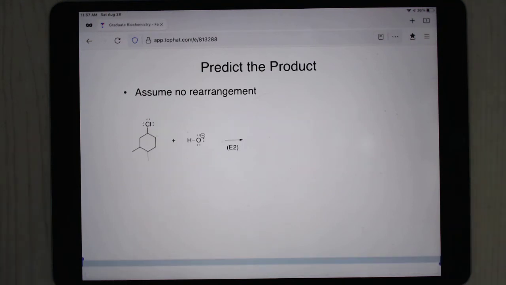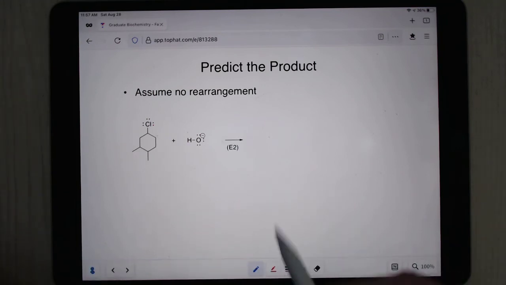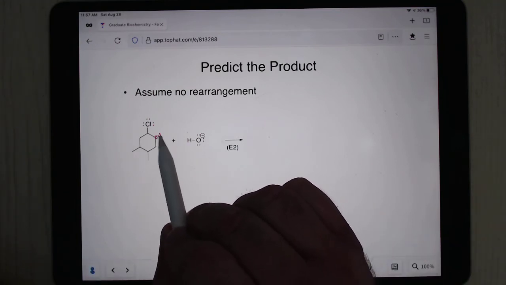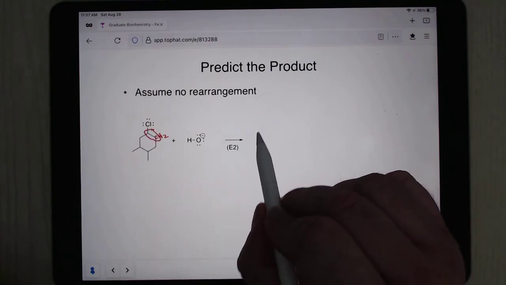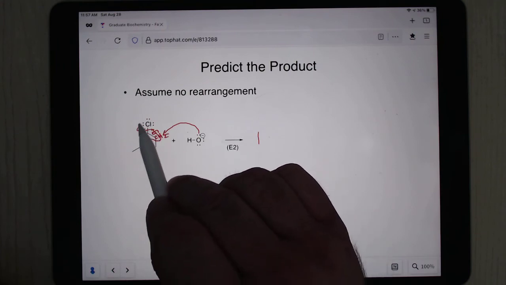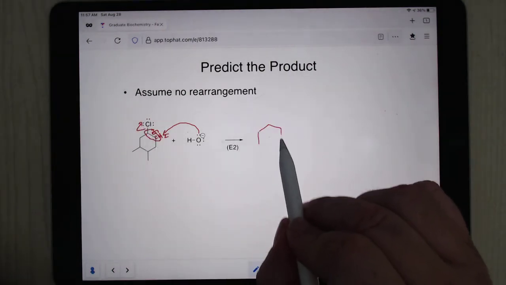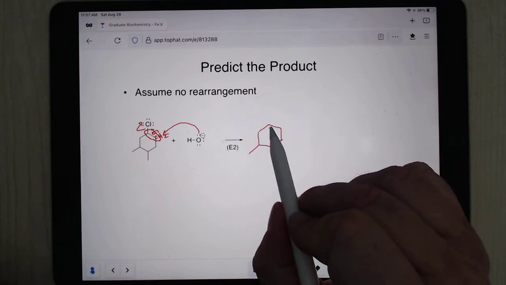So for here, again, if we look on the right side, there's a CH2 here, so we can make a double bond there. This is going to come and grab a hydrogen, that's going to collapse, kick away, so you're going to make this double bond there.